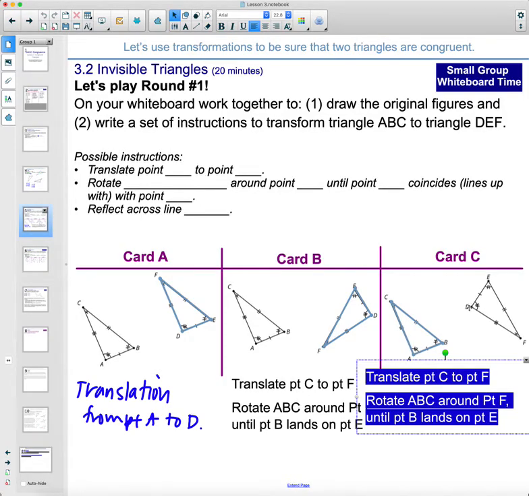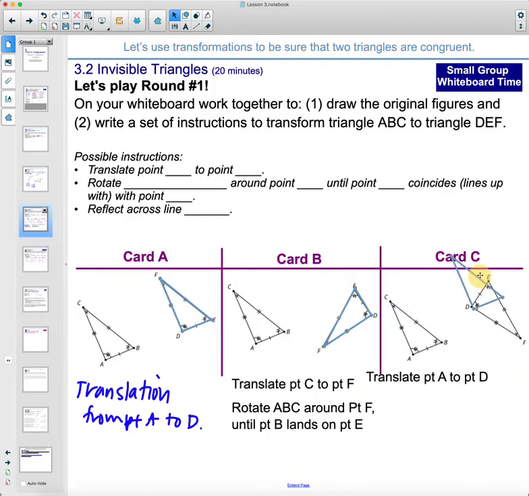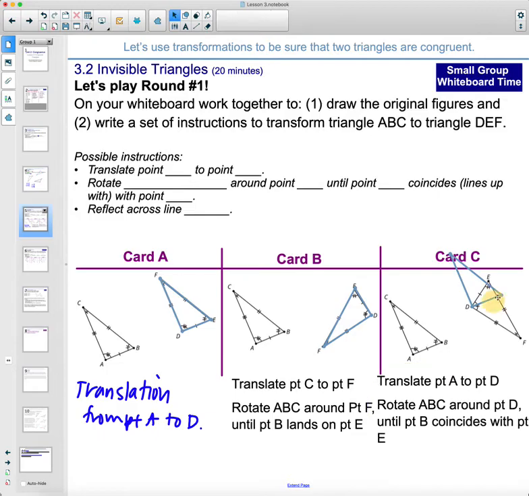So I'm going to take A and move it to D. Okay, so translate point A to point D. And then B matches with E, so now I'm going to rotate triangle ABC around point D, the one that's already matched up, until point B coincides or lands on point E. So I'm going to rotate this until B lands on E, keeping D in the same spot.